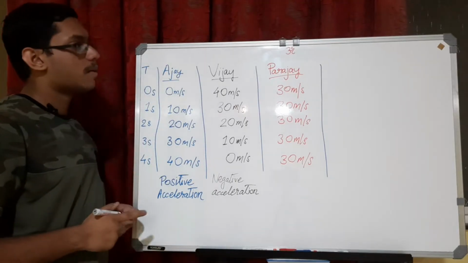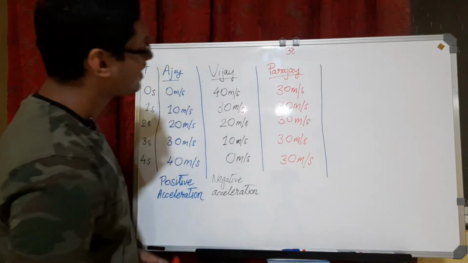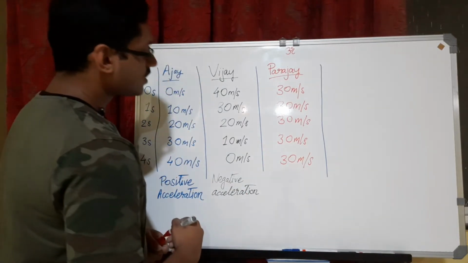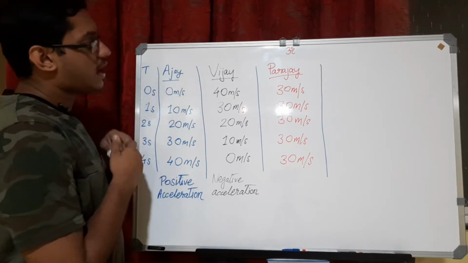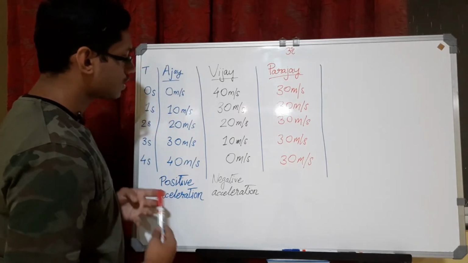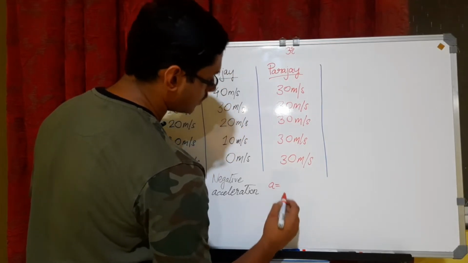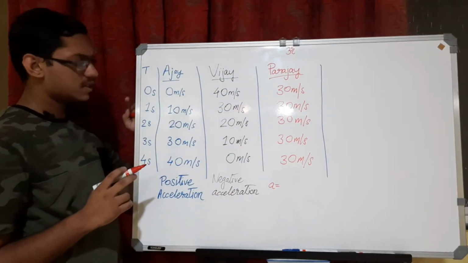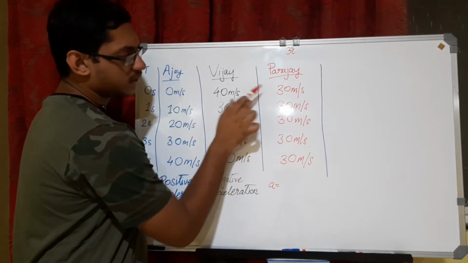Now let's see how Parajay is riding his bike. Parajay is riding his bike at a constant 30 meter per second velocity. So let's calculate the acceleration. a is equal to, take the 0 to 1 interval only, 30 minus 30.